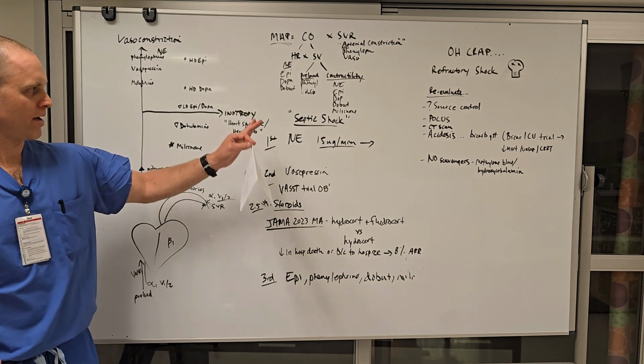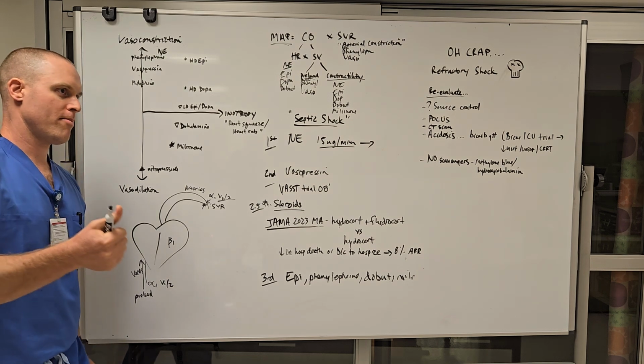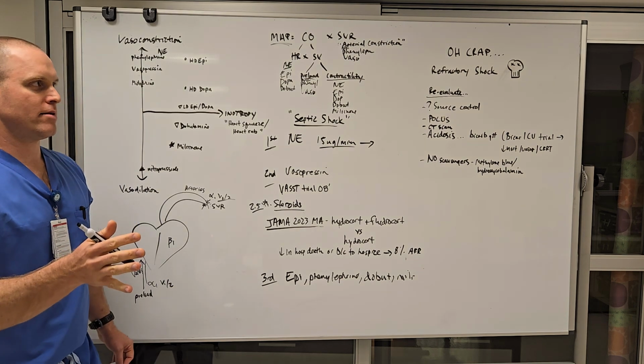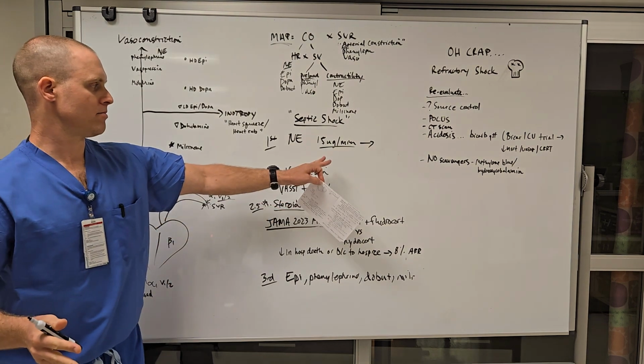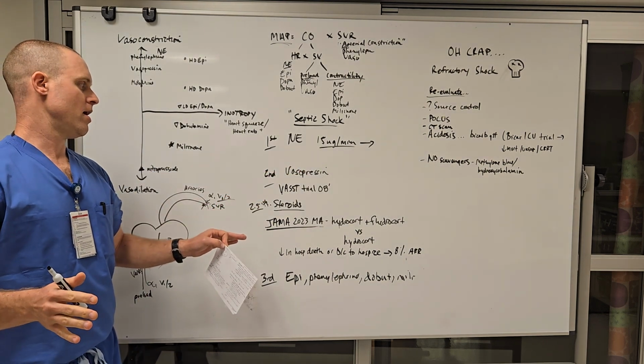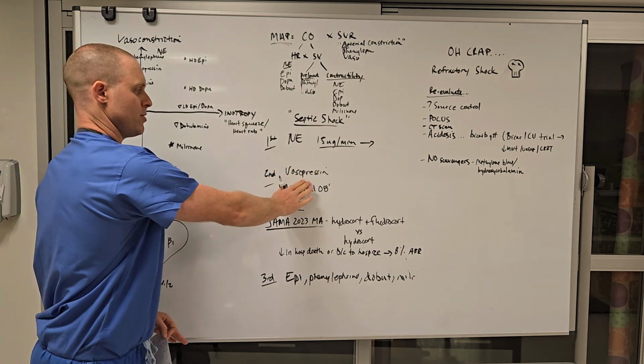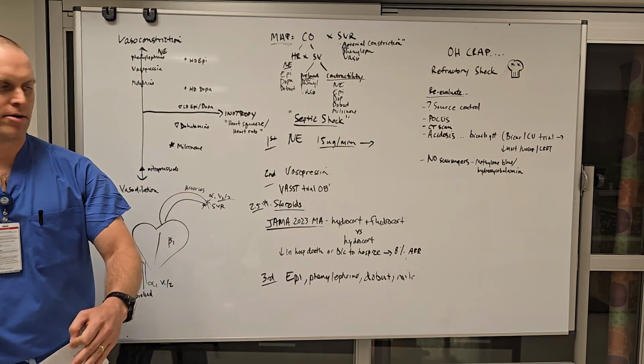Anything else on our thought process in septic shock in terms of norepinephrine? Too high of a dose long term has its side effects. No free lunch in the ICU, so you get to a certain level, then there's a mortality benefit if we add vasopressin earlier.